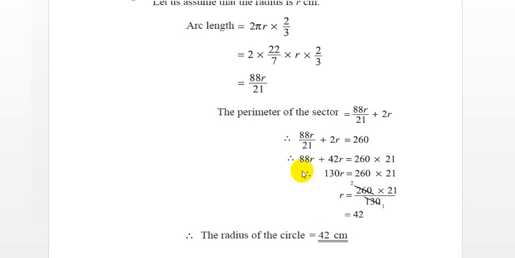So the denominator 21 was shifted to the opposite side of the equation. That is why here it's mentioned as multiply by 21, because on the left side it remained as a division, divided by 21. So when I shift the value, the division becomes multiplication, multiply by 21 on the right side of this particular equation.